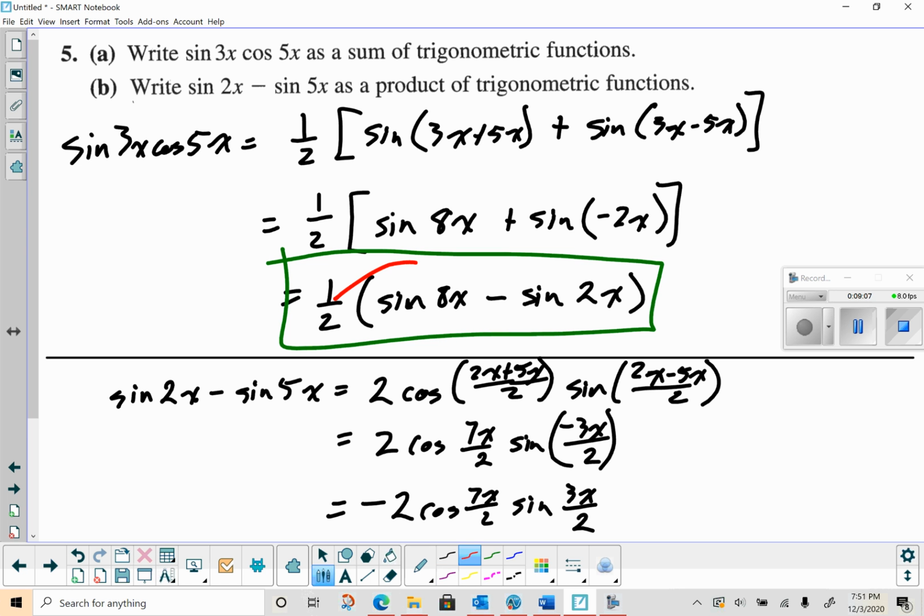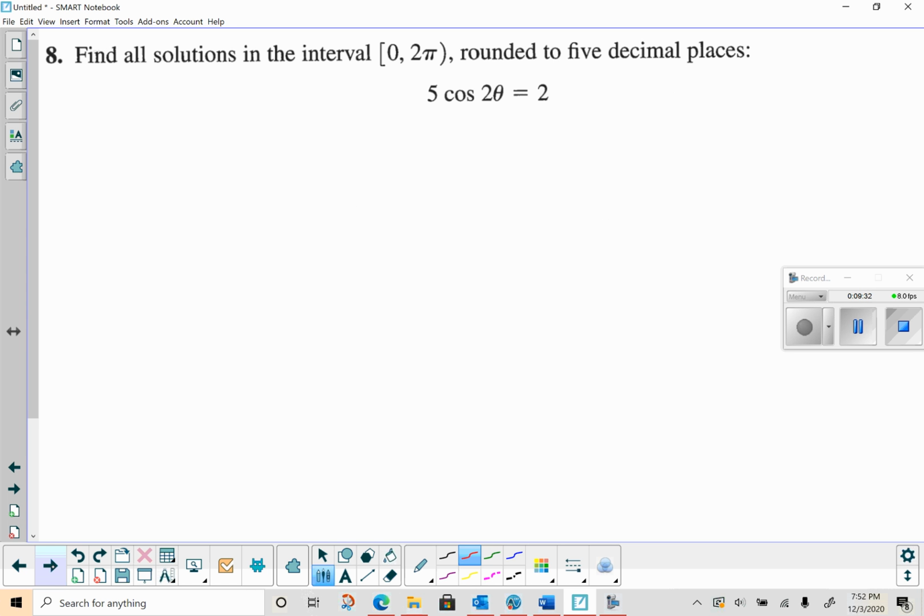Never, ever try to take that and distribute here. The coefficients there will affect the values of sine or cosine. It will never directly impact the angles. Please don't do that. I know it's tempting. It looks so simple, like we should be able to, but no, don't do that.